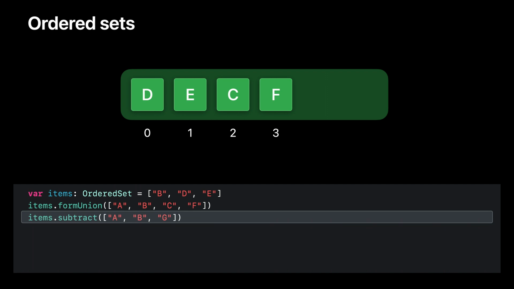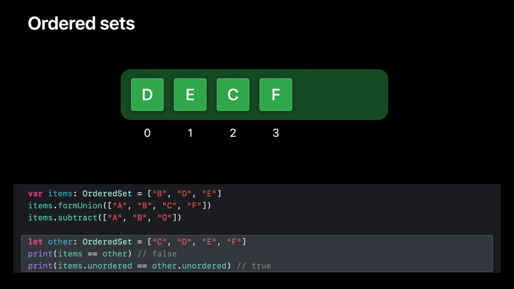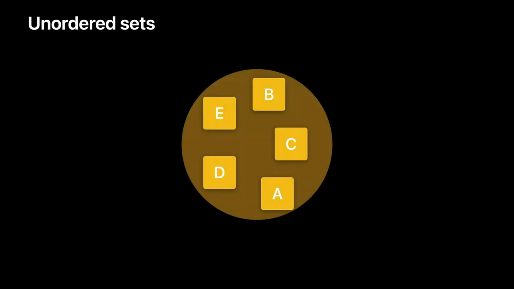Even though the ordered sets implement most set algebra operations, they cannot officially conform to that protocol because it requires that the order of elements must not matter. However, their unordered view has an order-insensitive concept of equality, so it can and does conform to set algebra. We can use it to pass ordered set values to any function that requires a set algebra value.